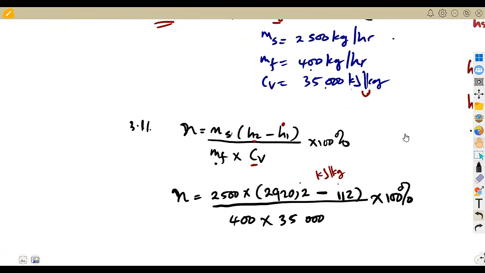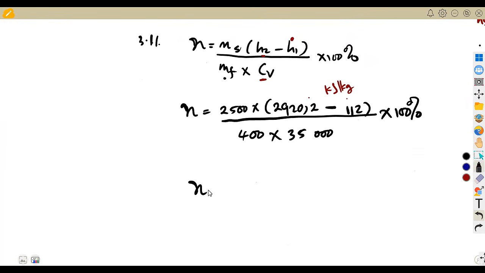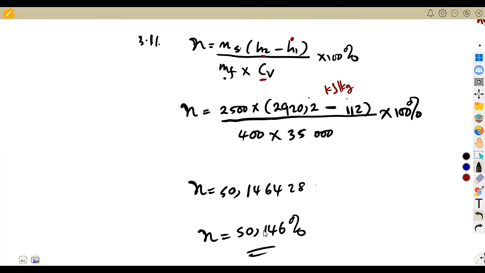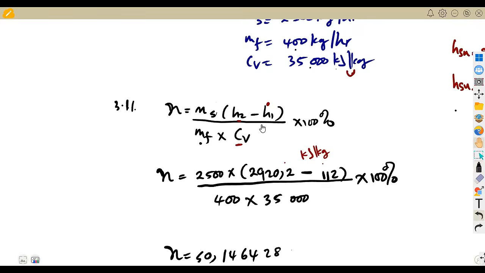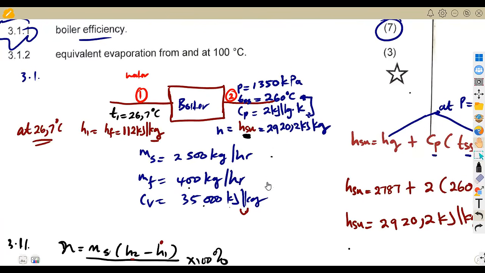We're going to have the efficiency of the whole plant, which is the efficiency of the boiler in this case, which was going to be something like 50.146428, something like that, which is 50.146%, to 3 decimal places, our efficiency in this case. All right. So easy. You just have to know your formulas, which one to work with. That is the most important part.